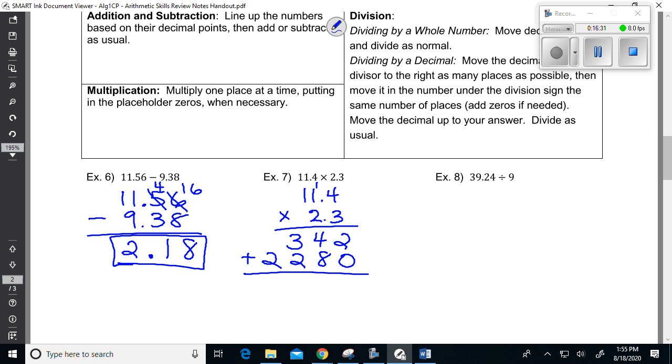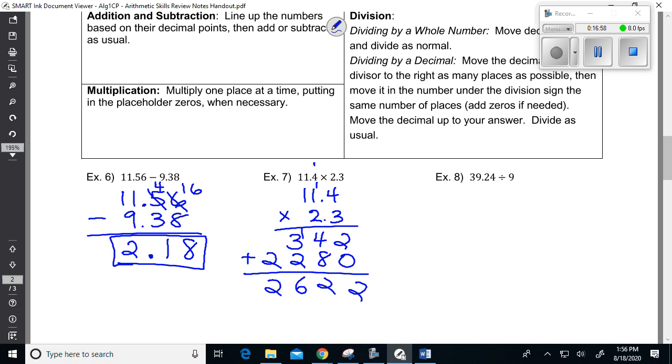Now we add them up. 2, 12, 6, 2. So, am I done with example 7? Some head nods saying no. But right, you're not done. You got to put the decimal in.